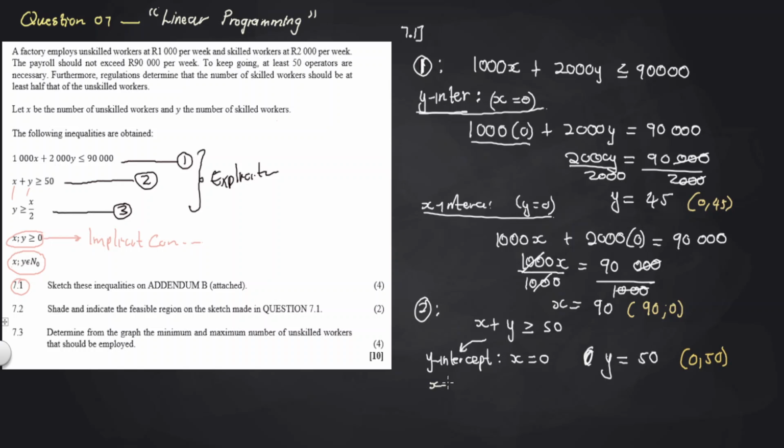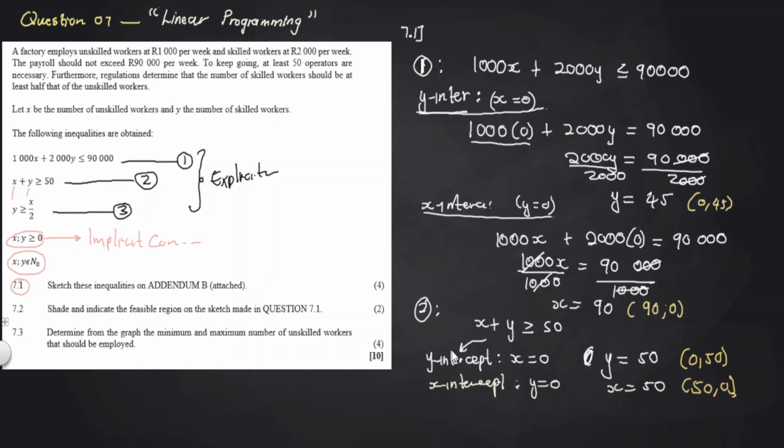And then for the x-intercept, we're going to let y be 0. Let y be 0. Therefore, my x is going to be equal to 50 as well, by repeating the same process as above. 50 and 0. So these are the x and y intercepts for the first two constraints.